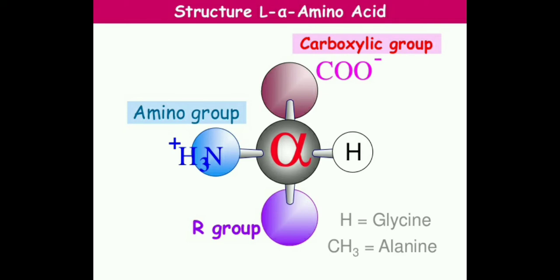So an amino acid contains 4 different groups that are attached to an alpha carbon. Two are functional groups, as I already told you. One is the carboxylic group, the second one is the amino group. And the third one is always a hydrogen attached to this alpha carbon.